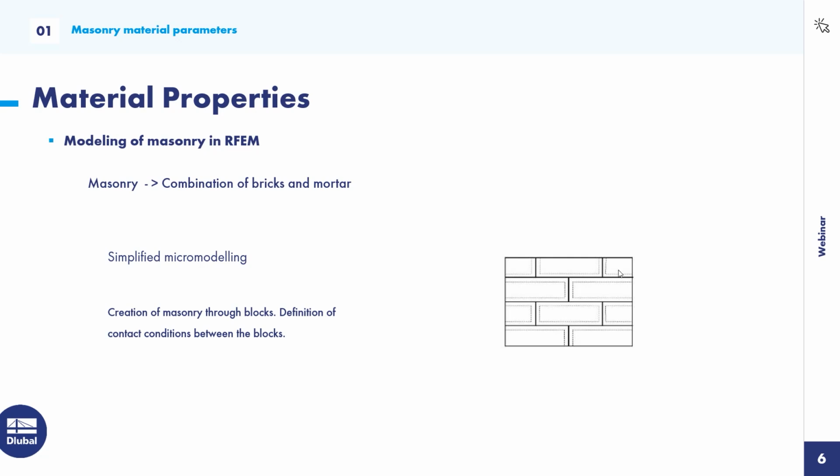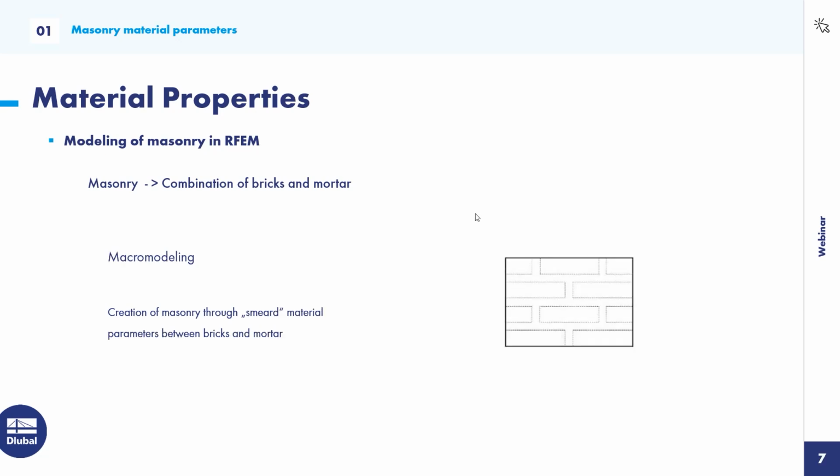I could imagine that it would be possible in RFEM to create such a system with surfaces in combination with line releases, or maybe even with solids and contact elements.